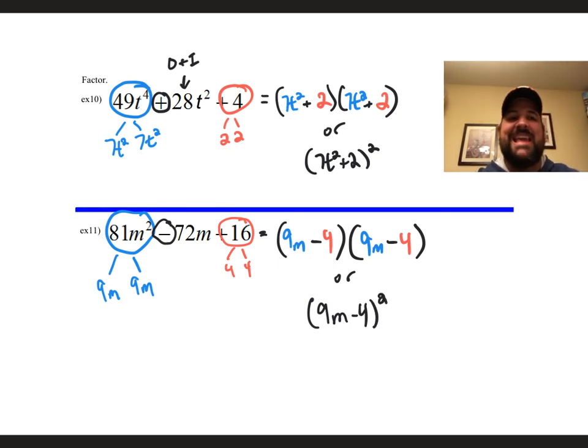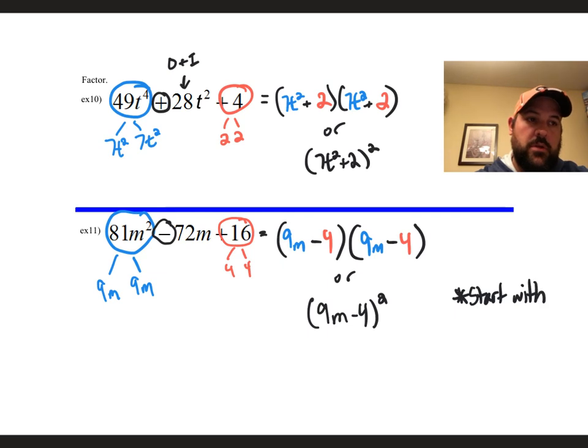Again, the big key here is that if we are starting with 2 terms, we're going to end up with different signs. So 2 terms means we're going to have 1 plus, 1 minus.